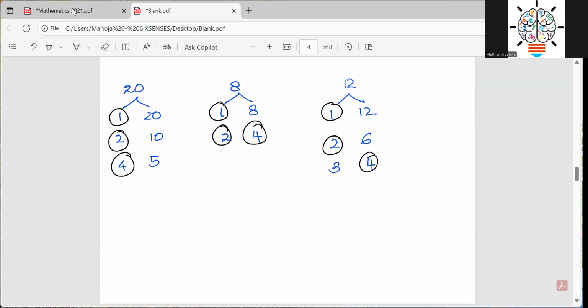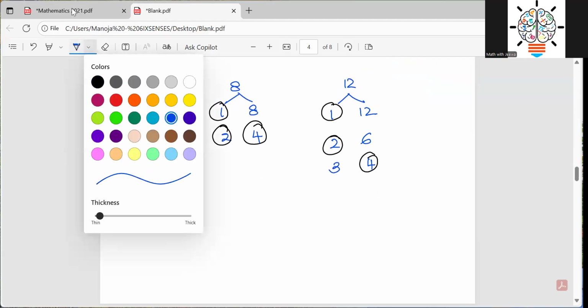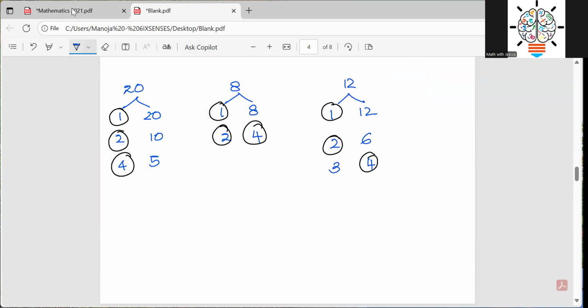So then we just write the common factors of 8, 12, and 20.